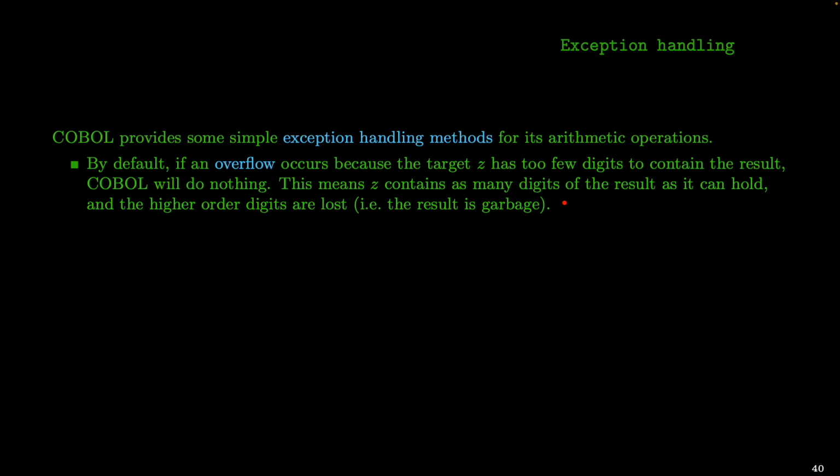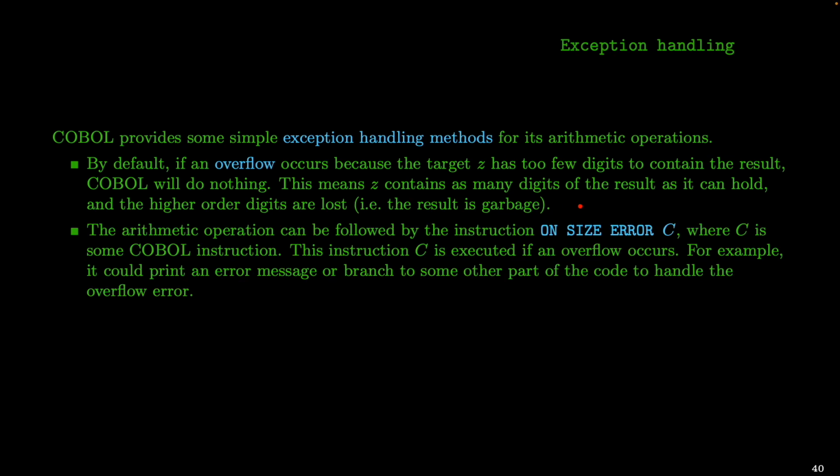So for all intents and purposes, we may assume that the result is useless then. Garbage. So we can remedy this by following the arithmetic operation by an instruction on size error C, where C stands for some COBOL instruction. So this would be our exception handling instruction for the situation that an overflow occurs.